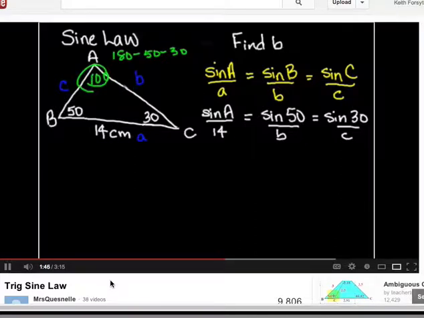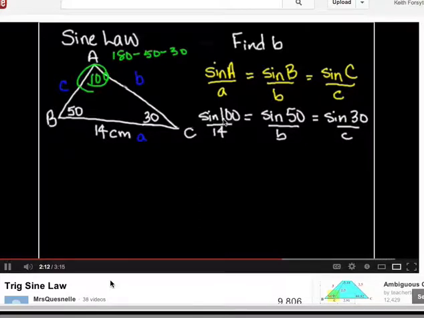Whenever I know two angles in a triangle, it's always a good idea to go right ahead and just fill in what that third one is. So I can actually now, instead of just writing sine A, I can write in the sine of 100. And so this gives me one whole fraction that everything is filled in.